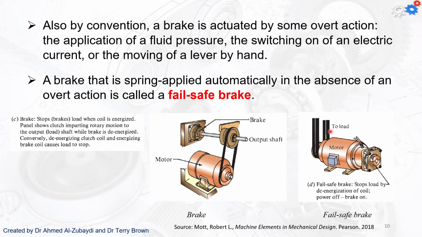So usually the brake is activated or engaged by the force of a spring, and then when you turn the power on, you pull against or push against that spring to disengage the brake, and then if power goes off, the spring will push the brake back on to stop the load from rotating.